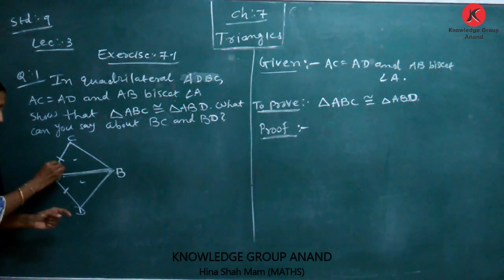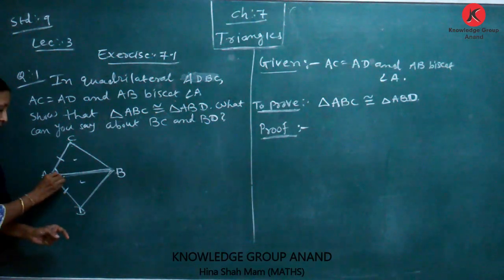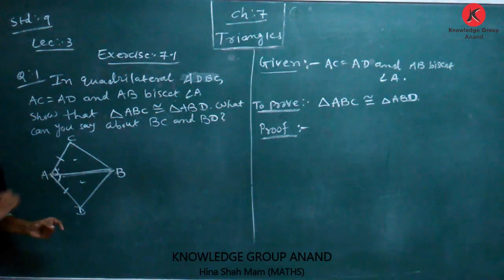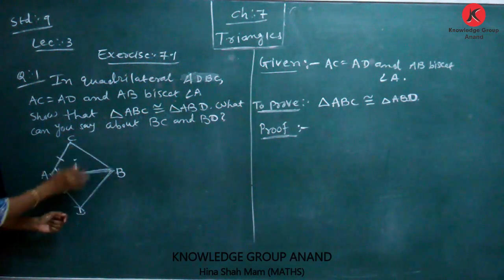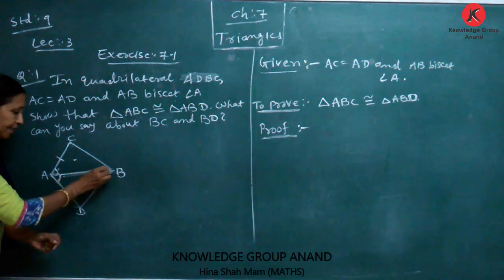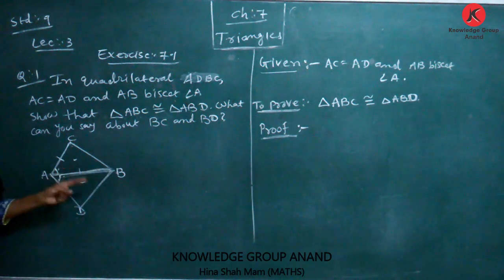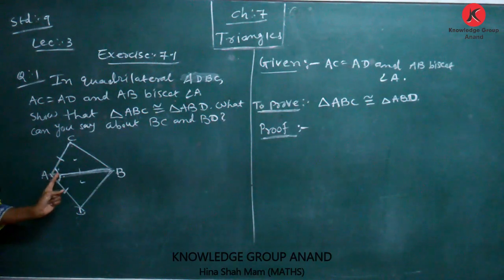Therefore, the measure of angle CAB equals angle BAD. Both angles are equal in the two triangles ABC and ABD. And AB is the common side. Which criterion do we use? SAS.